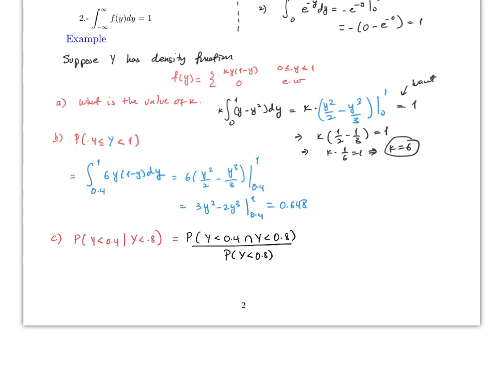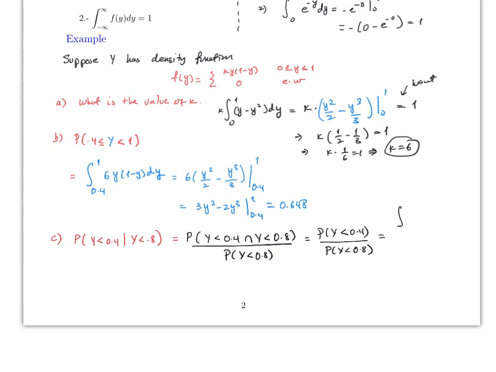Now, less than 0.4 and less than 0.8 is just the probability that y is less than 0.4, and then you just have to find the two separate integrals.